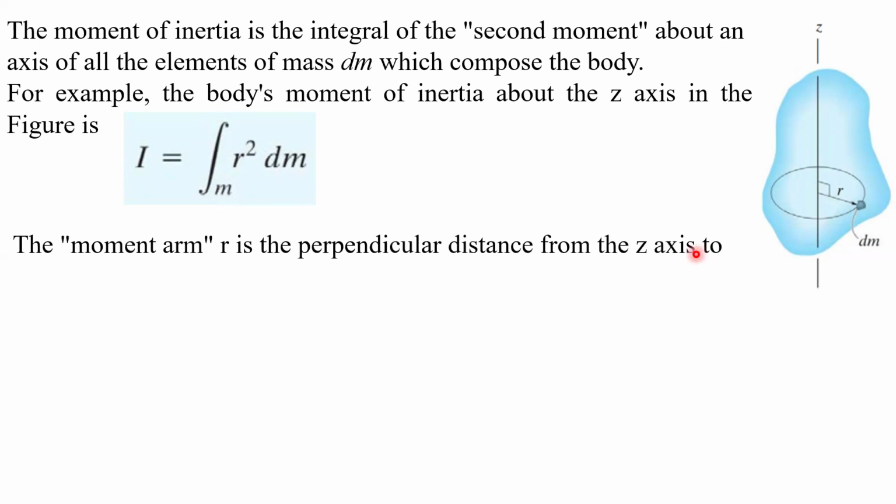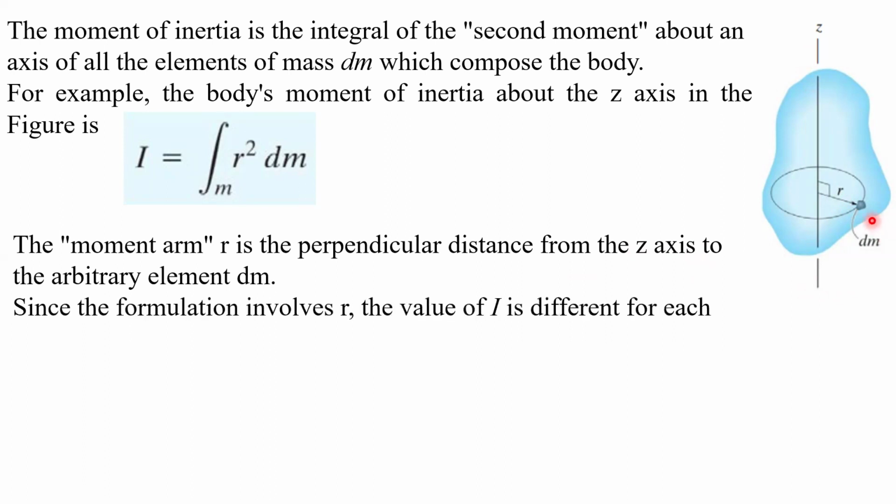The moment arm r is the perpendicular distance from the axis to the arbitrary element dm. Since the formulation involves r, the value of I is different for each axis about which it is computed. If you compute your I about the x and y axes, they are the same, but about the z axis, it's going to be different.